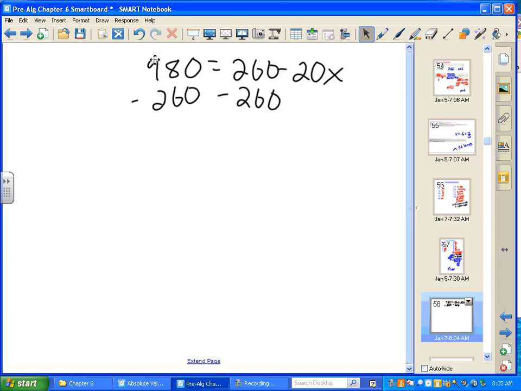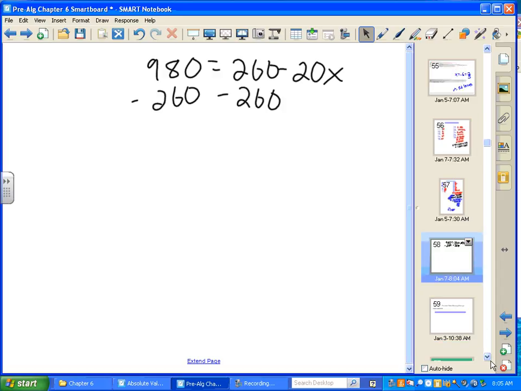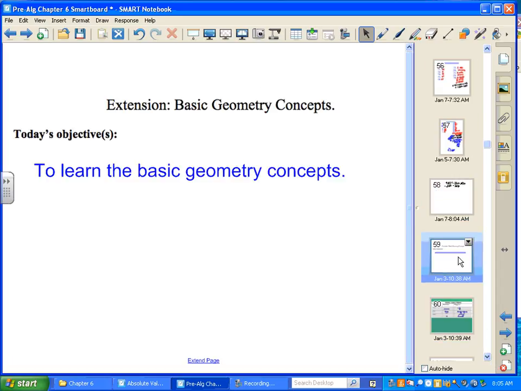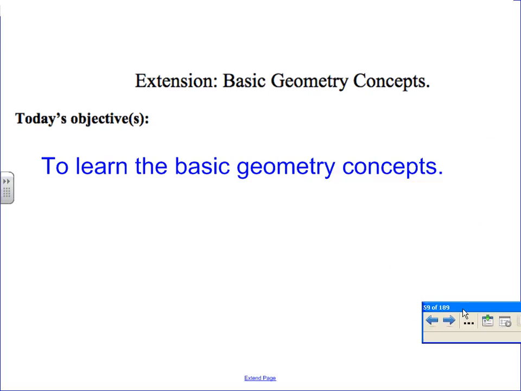Okay. All right. I need everyone to open up your notes to page 9. Okay, so we are going to talk about some basic geometry concepts today. I wanted to get through 2 lessons, but I don't think we're going to. That's okay. I just want to at least introduce it. This is something that you need to know in this pre-algebra book, but we won't truly get into geometry until chapter 10, which I think you'll like.